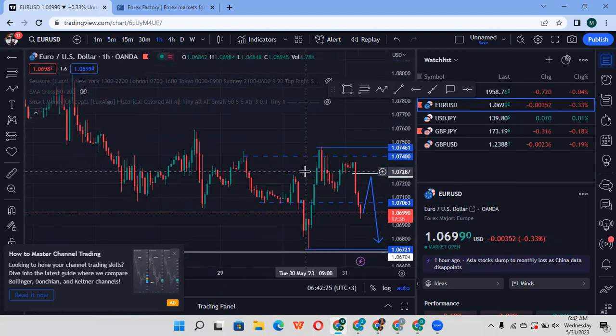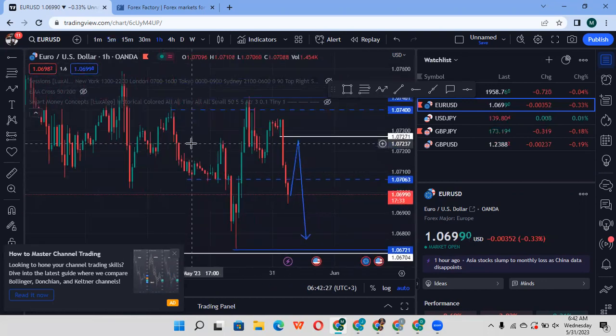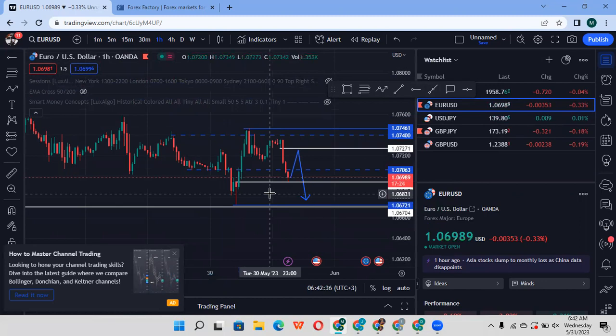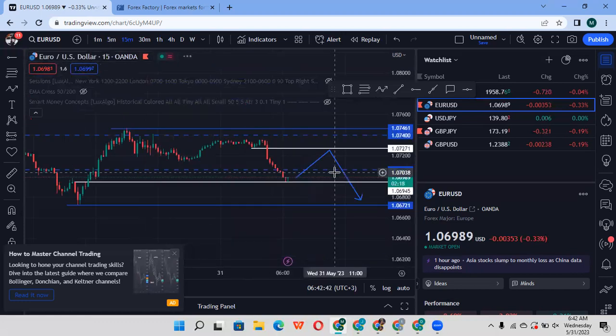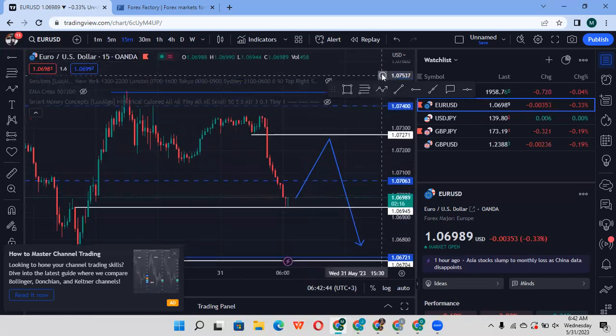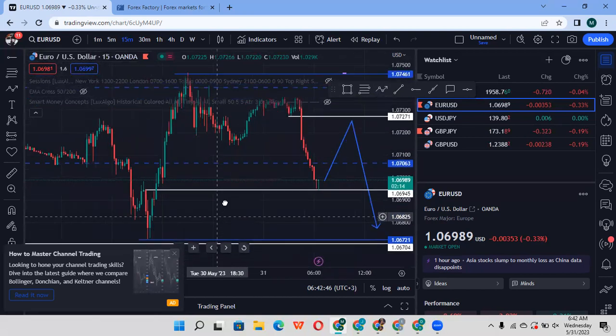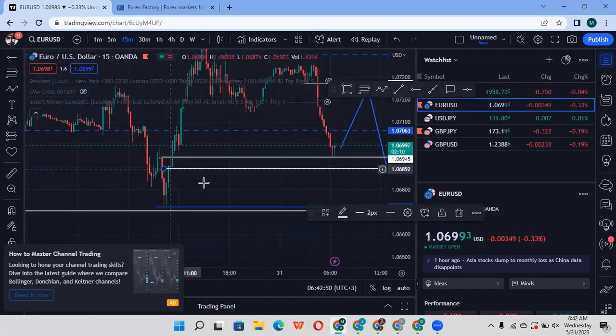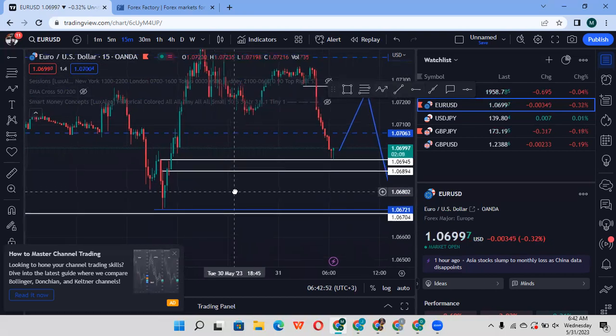So let's take a look at the demand zone. Okay, so this is the demand zone here on the 1 hour time frame. On the 15 minutes time frame, the M15 is where the demand zone is.